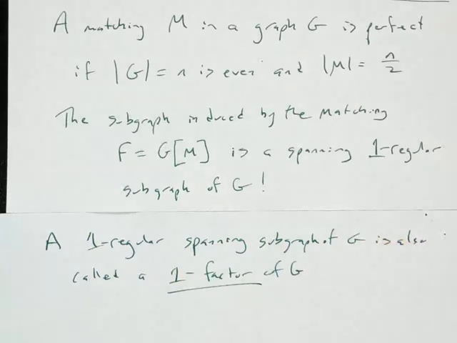A one regular spanning subgraph is called a one factor. Which means I have a one factor if I have a perfect matching, and only if I have a perfect matching.